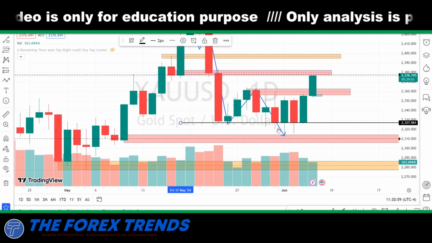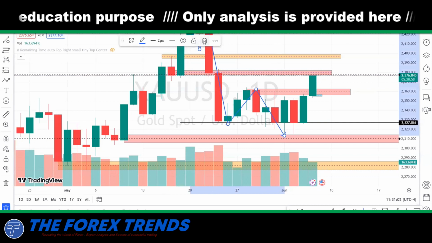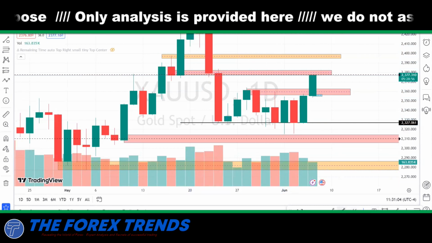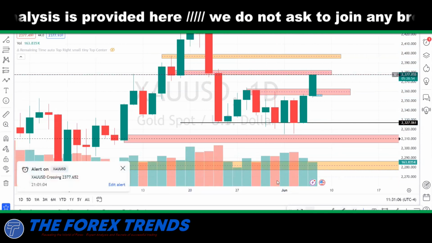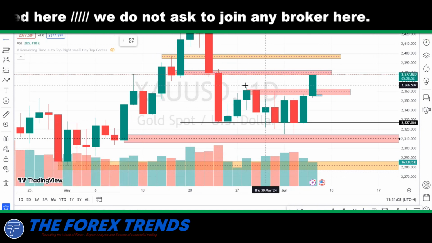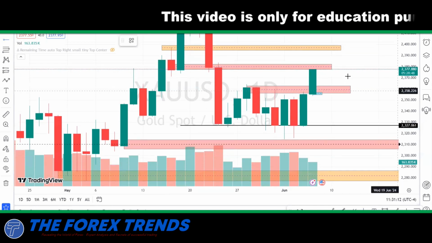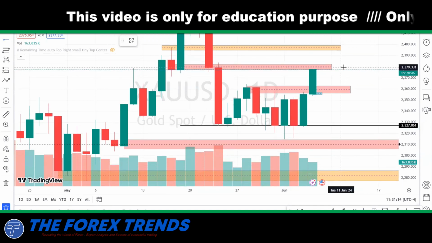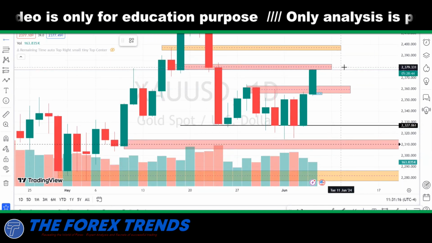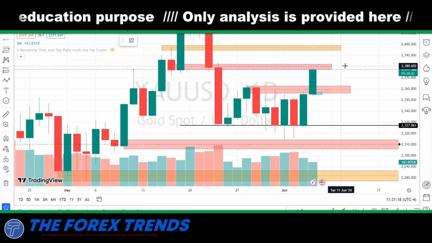So now we can see it is a good resistance. I have put an alarm for this zone, that is the 2380 level.